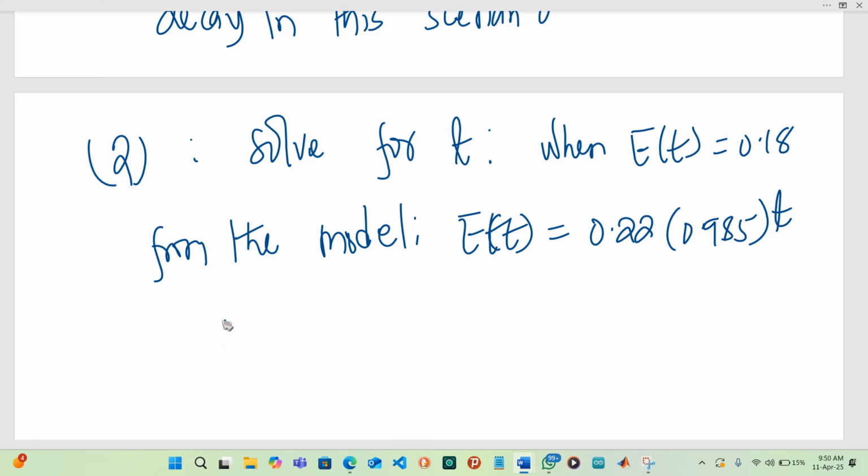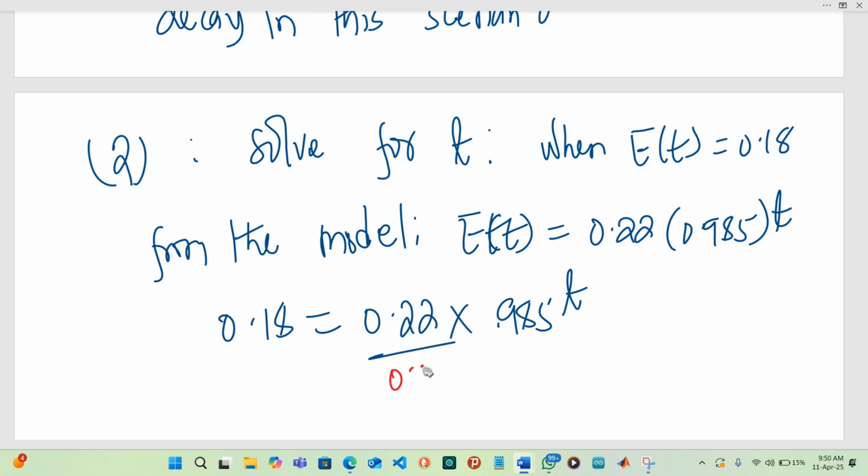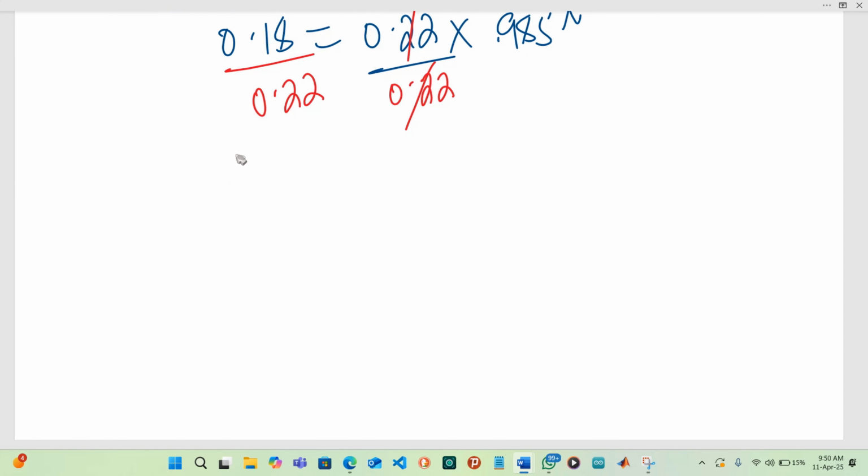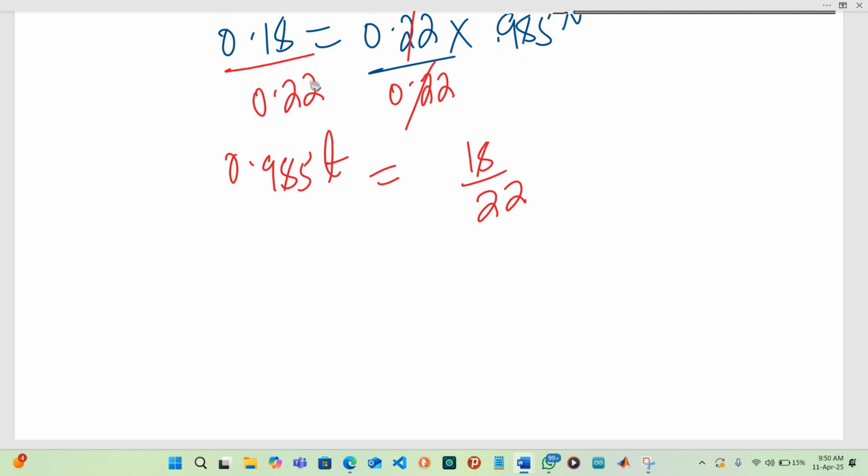If this is 0.18, then it shall equal 0.22 times 0.985 power t. So if I divide both sides by 0.22, this and that will go, and we shall remain with 0.985 power t equals what is this going to be? This is going to be 18 out of 22. If I multiply by 100 up and down, it still doesn't change the mathematical meaning here.